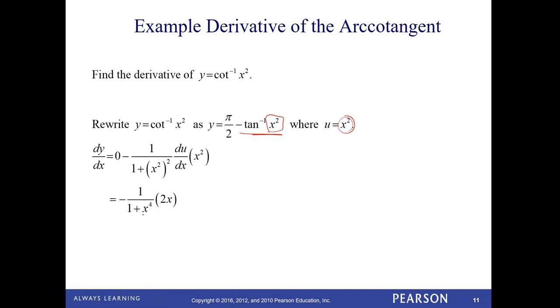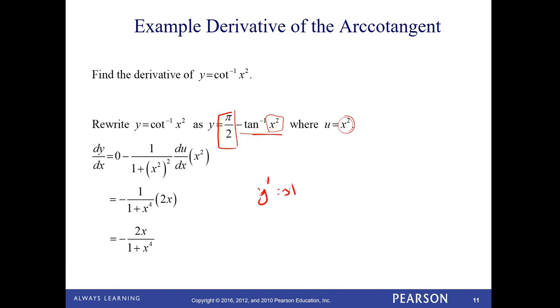So we have negative 1 over 1 plus x to the fourth times 2x, and we can rewrite it like this. Look what happens to our pi over 2. It becomes a 0.